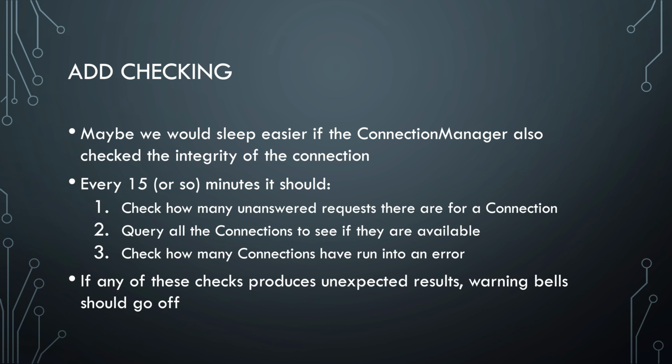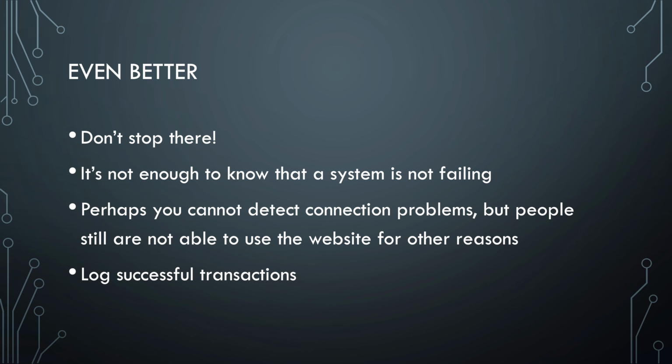If you detect any problems, you could inform a warning system that something needs to be done. You can go even further and log all the transactions of the system, so you can also detect other kinds of problems and trace back from the logs to see what happened.